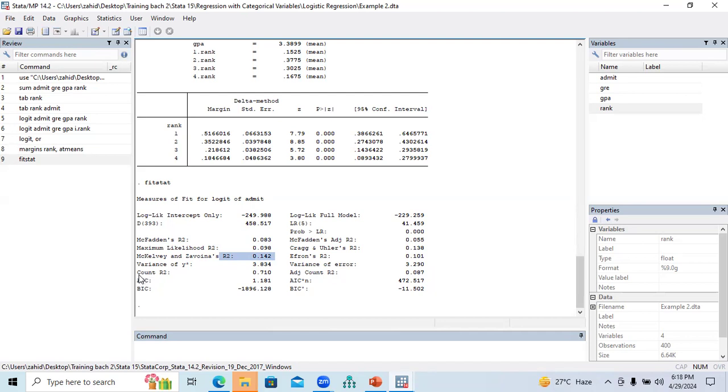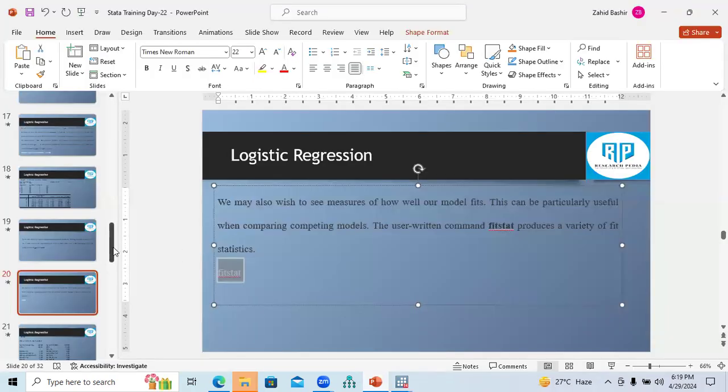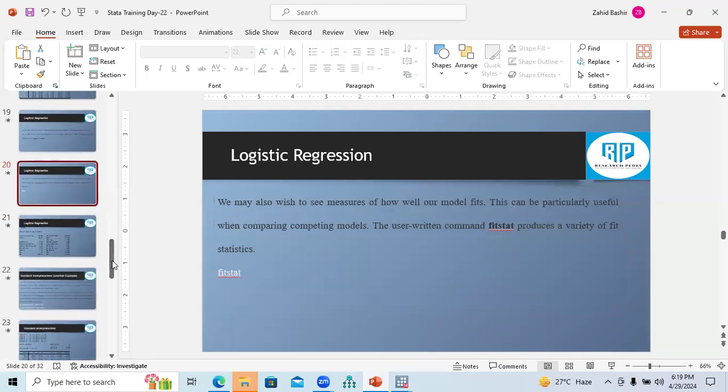You can also see the count R square value, which is highest, the AIC criteria, the BIC criteria, and model fitness. There are a lot of things you can include as model fitness here. So this is how you can consider your regression results.